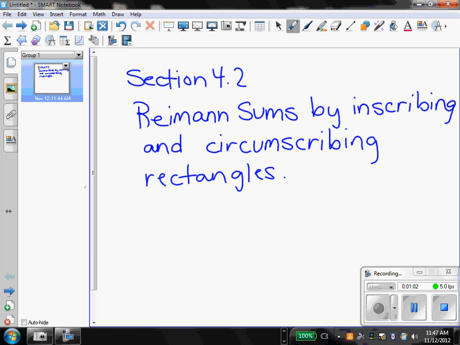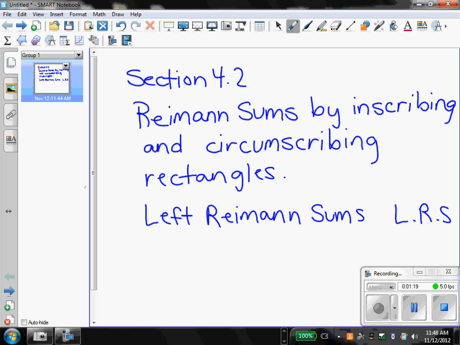We will look at left Riemann sums, which I will abbreviate as LRS.